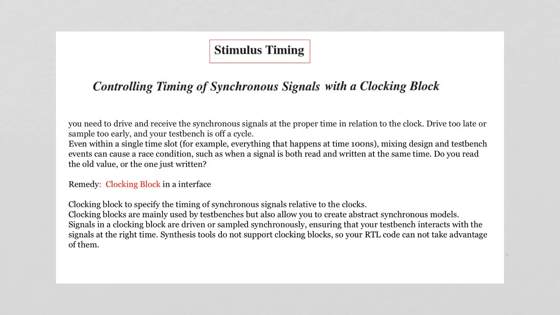So we have already taken the arbiter example. In the arbiter example we have a test bench as well as a DUT, and you are sending a request. Request and grant are signals which are synchronous to the clock. So whenever you are sending a request, that means you are driving the inputs to the DUT.